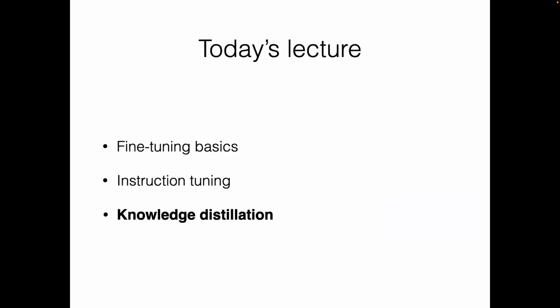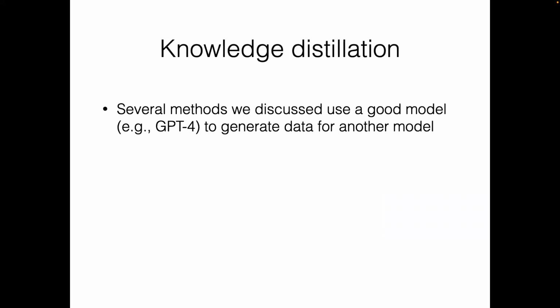Okay, so let me briefly try to go through knowledge distillation. You probably noticed that a couple different times I was saying we should just use a model to generate data. Like in this Open Orca, they used GPT-4 to generate some of the chat data and so on.